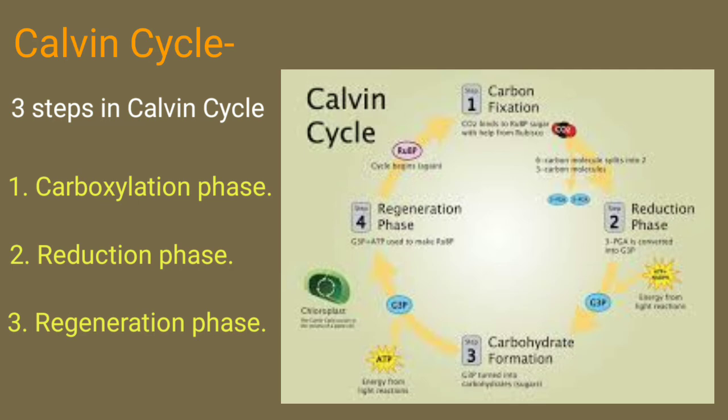And finally, as RuBP needs to be synthesized for accepting the next carbon dioxide molecule, the last phase is the regeneration phase, that is of the ribulose 1,5-bisphosphate molecule. This ribulose 1,5-bisphosphate is regenerated from many pathways. One is from 3-phosphoglyceric acid, which forms ribose 5-phosphate, a 5-carbon compound.